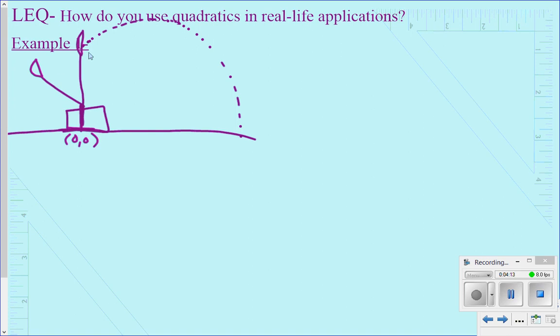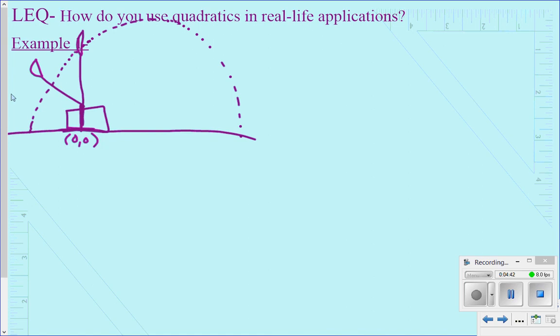Realize this is the part of the path that is relevant to the problem, the part that I drew, but this is actually a full parabola. So I'm going to extend this and continue the parabola to the other side, even though what's over here on the left of the catapult really isn't relevant. We don't care about going back behind the catapult because it's not released until right here. But now I have the full parabola drawn.